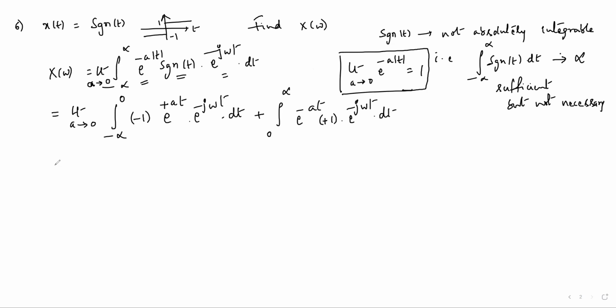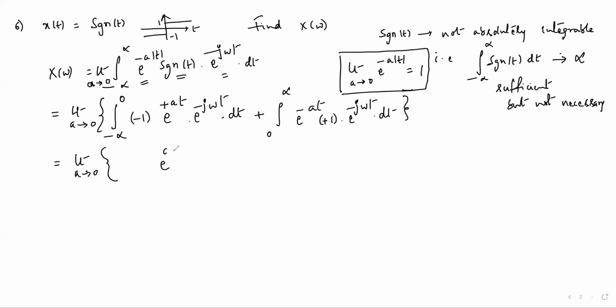Now let us combine the exponentials. Limit a tending to 0. This limit is applicable for both terms, so you can write like this. Let us take the combination of these exponentials into a single exponential.